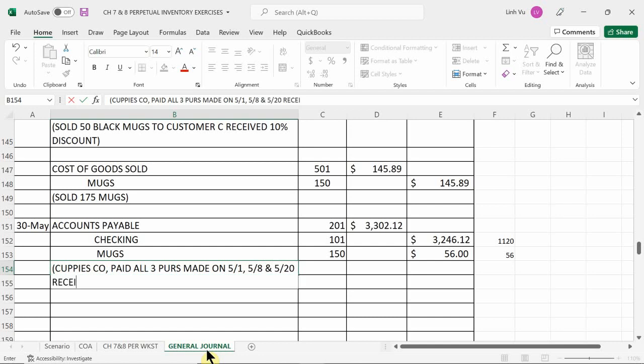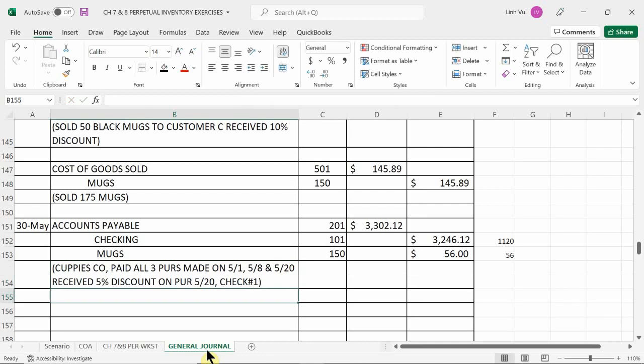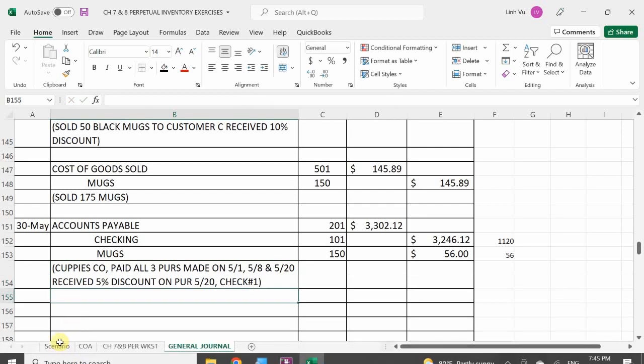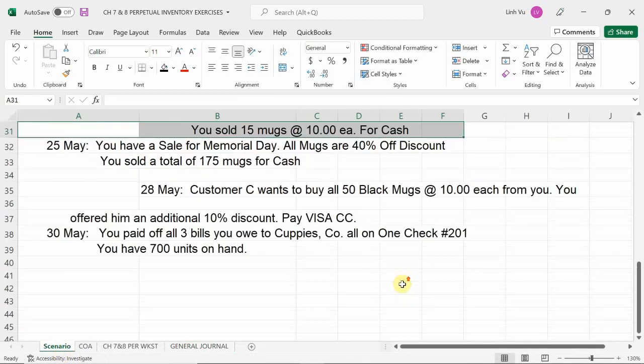Then I'm also going to make a note that I received the 5% discount on purchases on May 20th. And of course, I paid using check number 1, unless I specify. Did I specify which check I'm going to write? In this case, yes, I need to pay on check number 201.